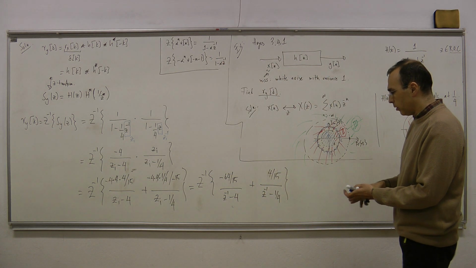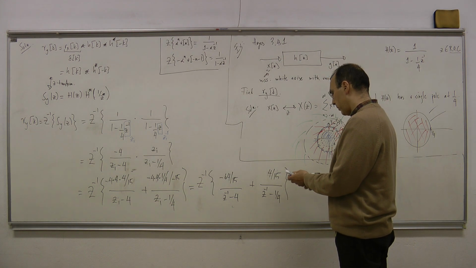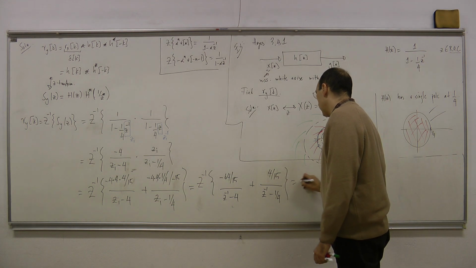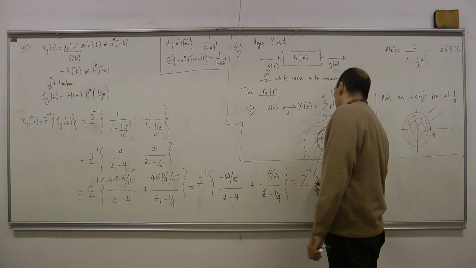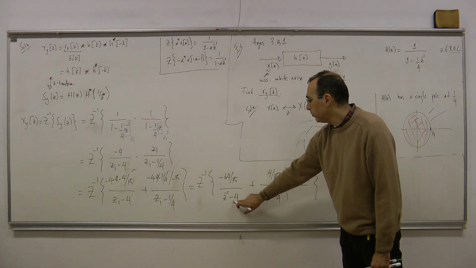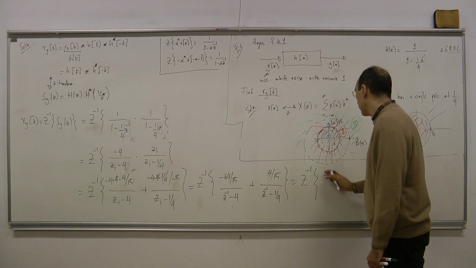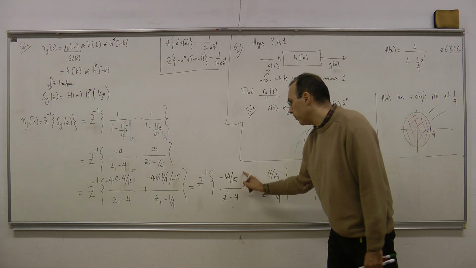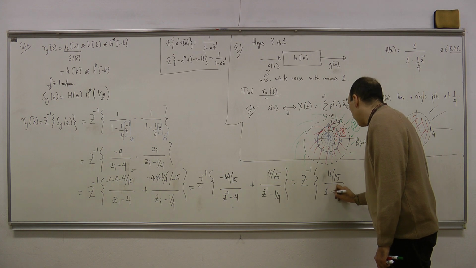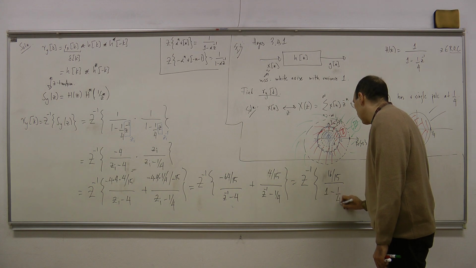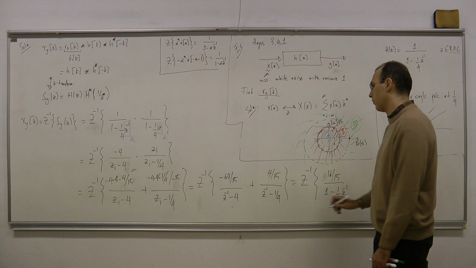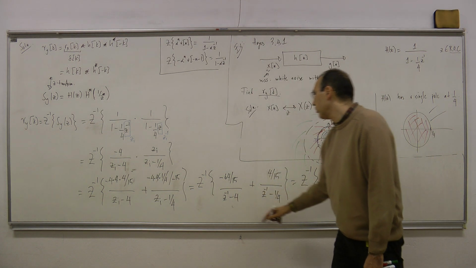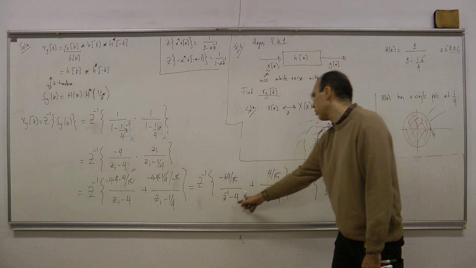So what should I do? Let me do one more step then. I'm dividing by minus 4. So this is 16 over 15, dividing by minus 4, 1 minus, divide by minus 4, or multiply by minus 1 over 4.